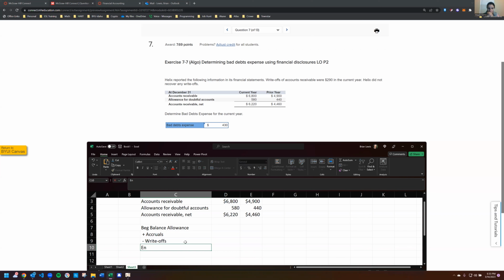Equals your ending balance. So your beginning balance is 440. We don't know what the accrual is. The write-off is 290. We know that. And your ending balance is 580.